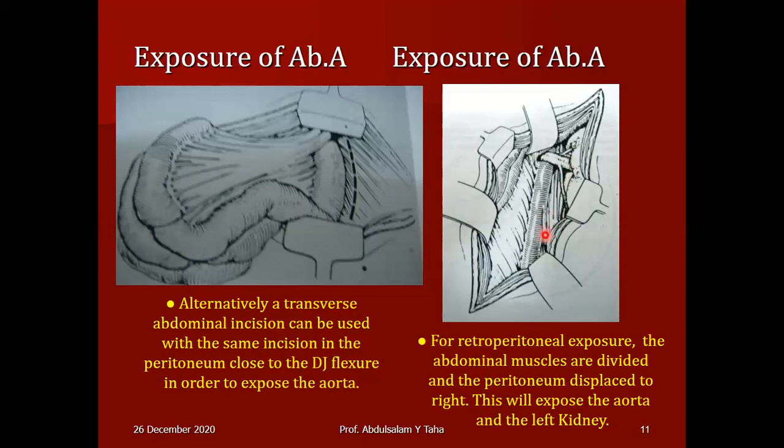The muscles of the abdominal wall are either divided or split, and then the peritoneum with its contents is displaced to the right side. This will expose the abdominal aorta from the level of the renal vein downwards, the infrarenal abdominal aorta.